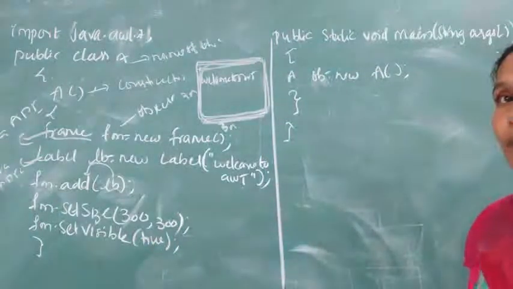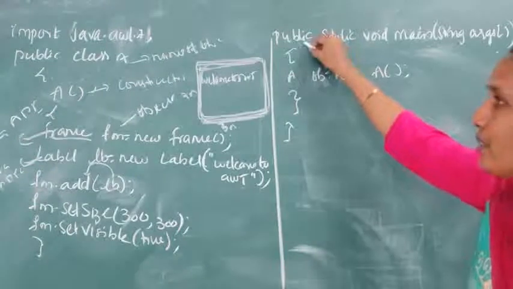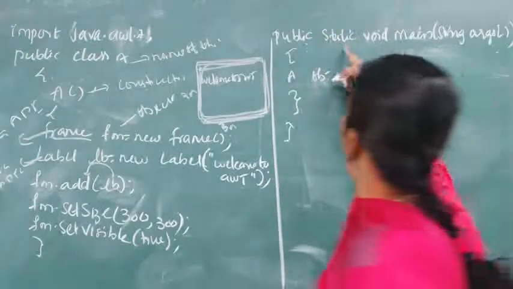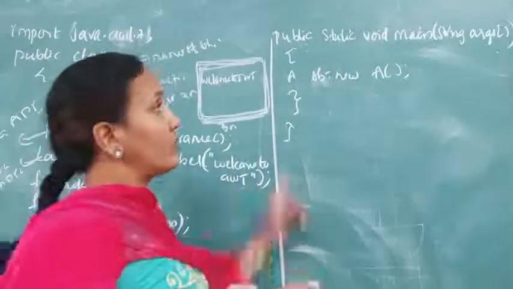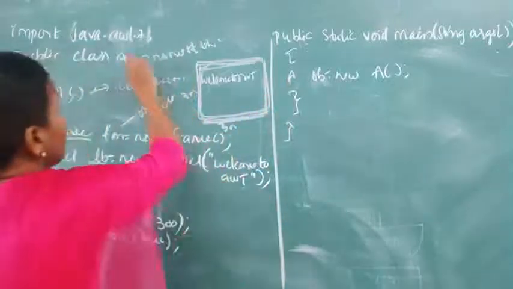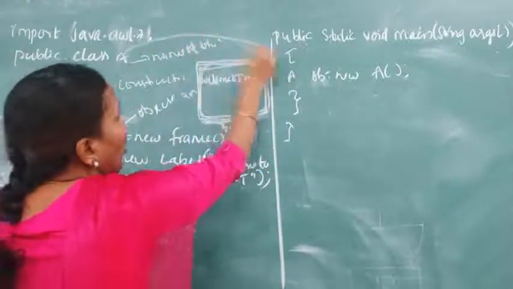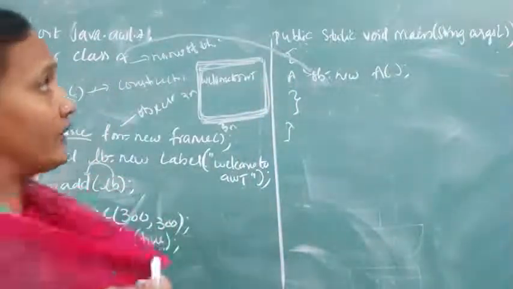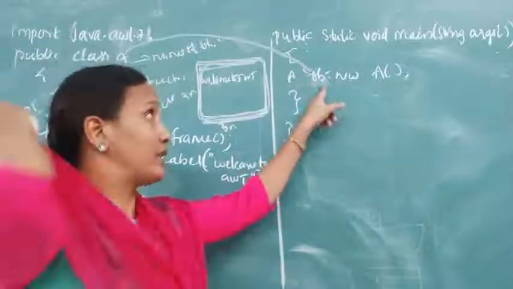Now come to the main method. Your program execution starts from the main method. Public static void main String args. Now inside the main method, A is a class. I am creating an object. Whatever class I have created, for that class here I am creating an object.